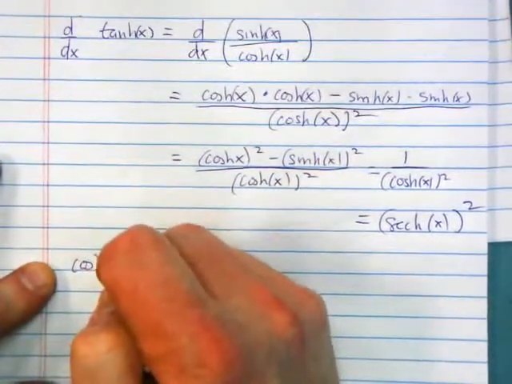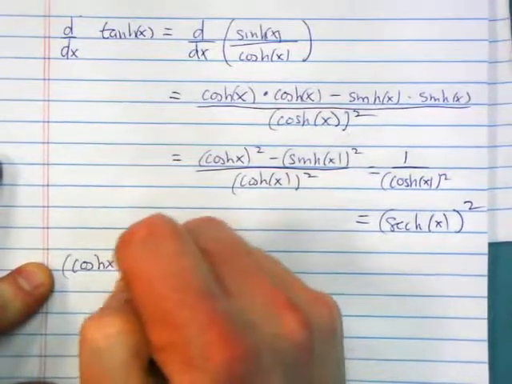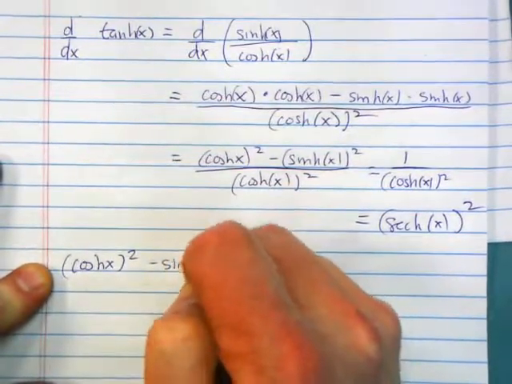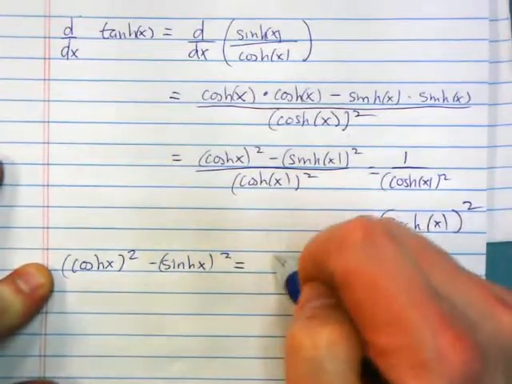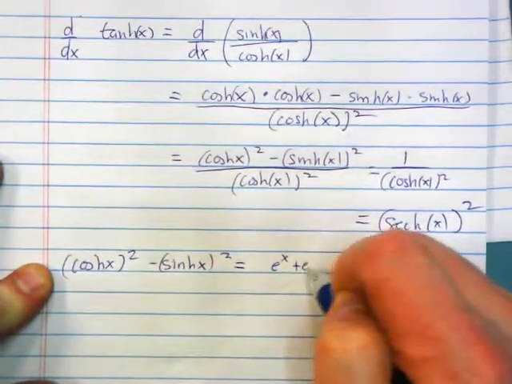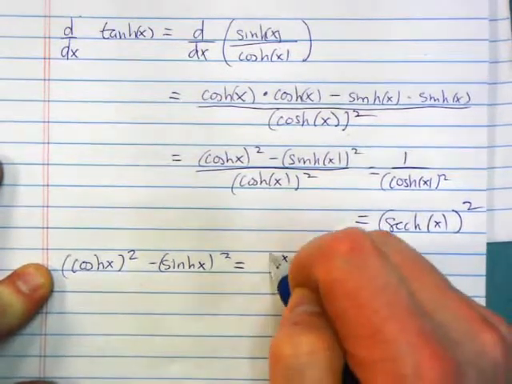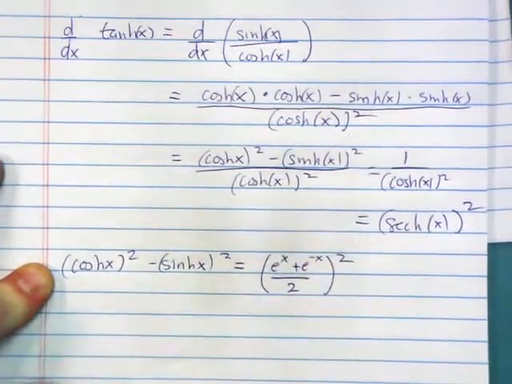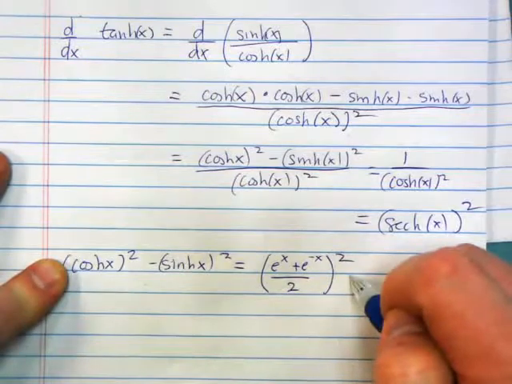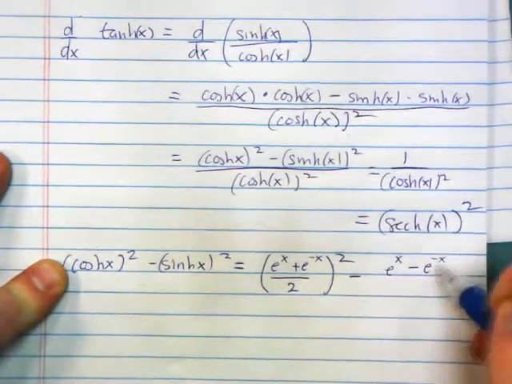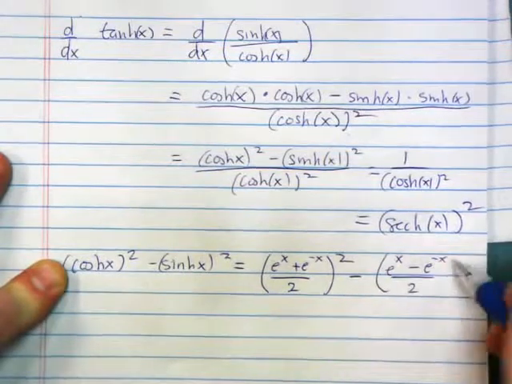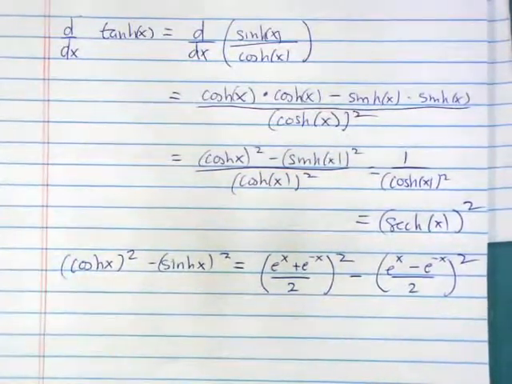Hyperbolic cosine squared minus hyperbolic sine squared. Let's see, that's e to the x plus e to the negative x all over 2, squared, minus e to the x minus e to the minus x all over 2, whole thing squared.